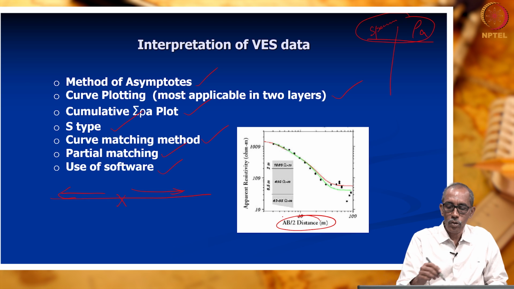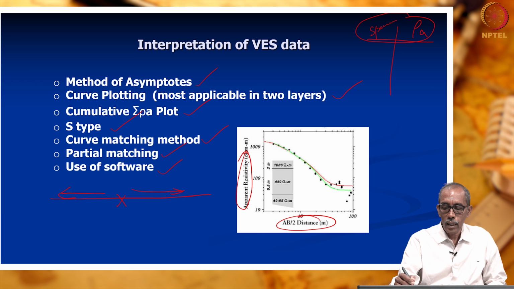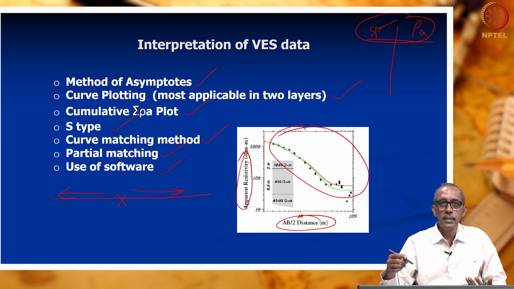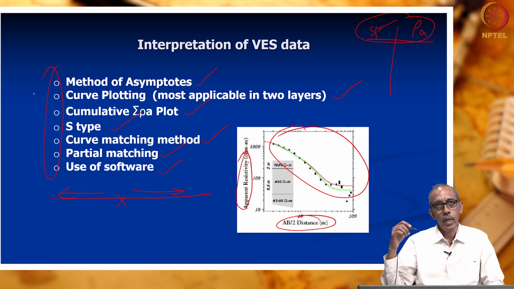This is electrode spacing, this is apparent resistivity. So, we end up getting a relationship as shown in this diagram. How can we interpret this curve? This curve is known as the resistivity curve. These are all the methods of interpretation. We will see one by one.